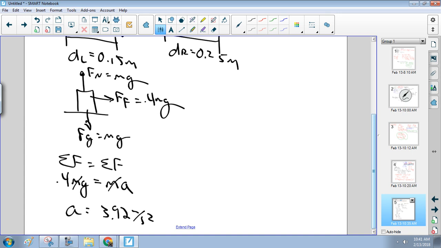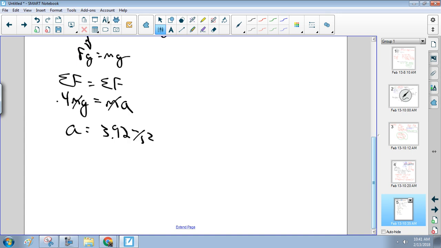I like Sebo's thought of using kinematics. Use 2a delta x. Okay. All right, so now we can do exactly that. So 2 times 3.92 meters per second squared times our delta x, which was 0.15 meters, right? Equals 0 squared minus vi squared, and solve for vi.